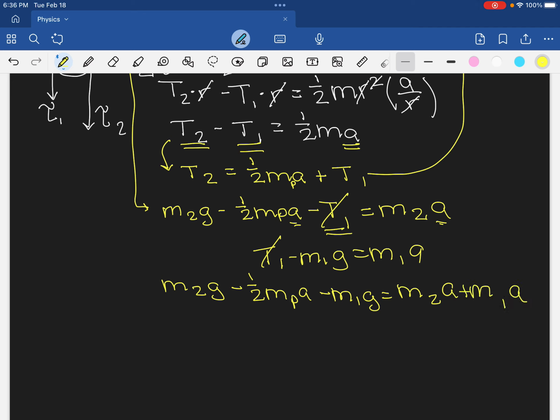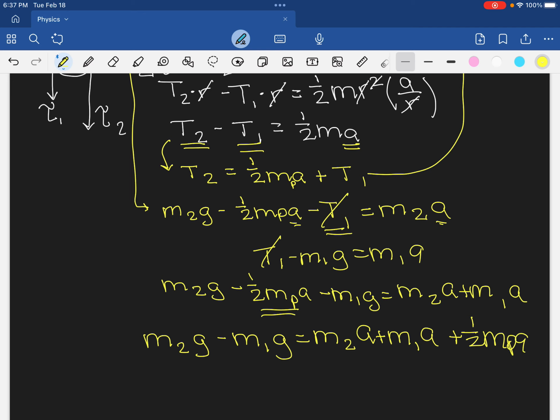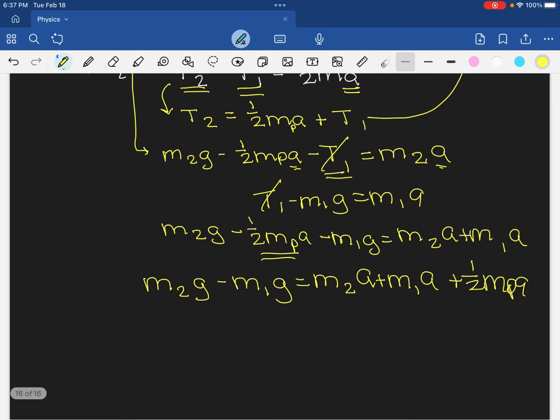M1A. Now I'm just going to move over my other variable that has A over here, and I'm going to go ahead and factor out all my A's in those equations. So it's going to be M2G minus M1G, and this is going to be equal to M2A plus M1A plus 1/2 MPA. And almost done.